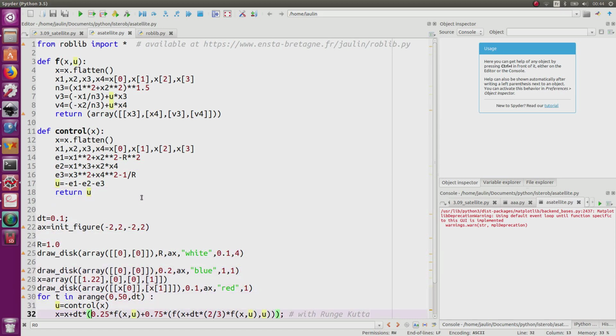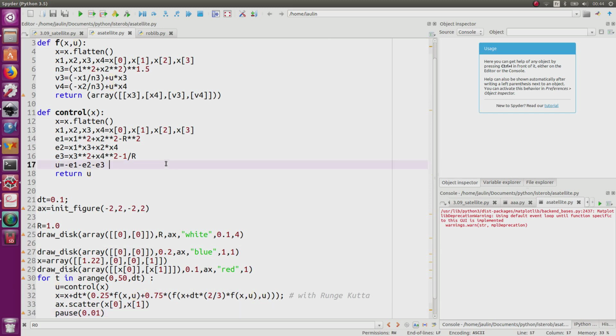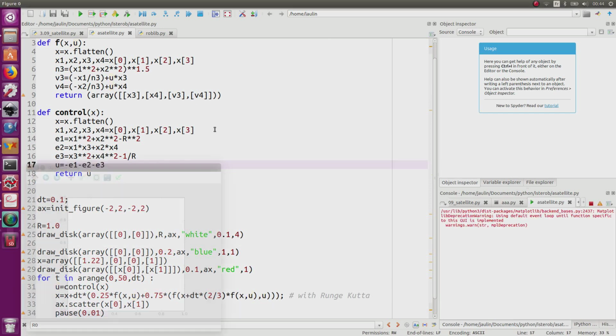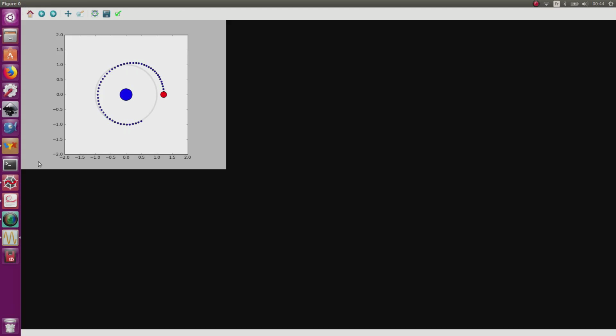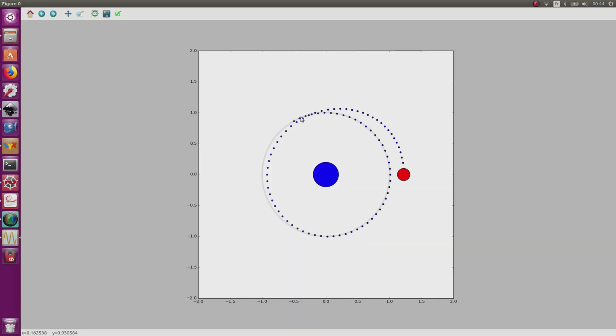Okay, so I start the program. I can see that I converge to the right circle after some oscillation, so I can reduce it by inflating the derivative coefficient, for instance.